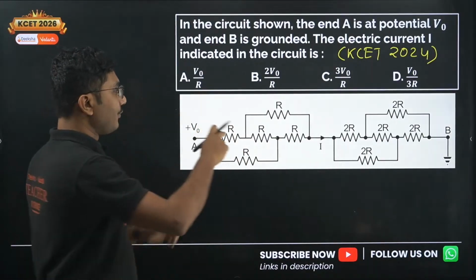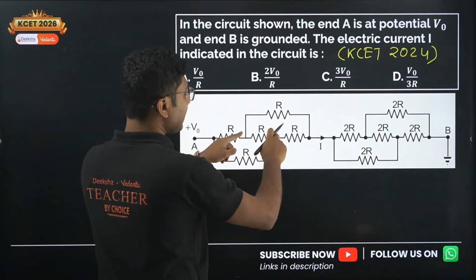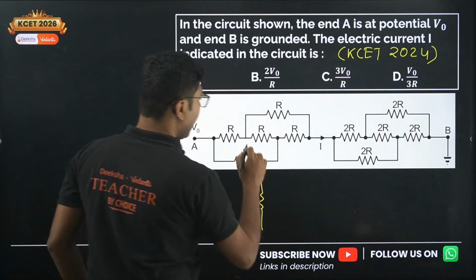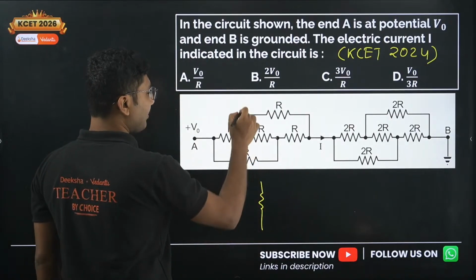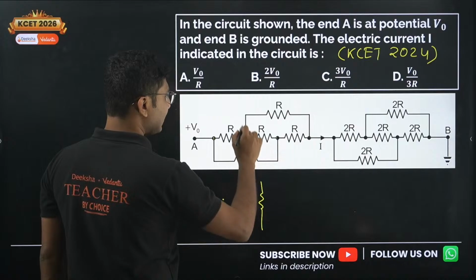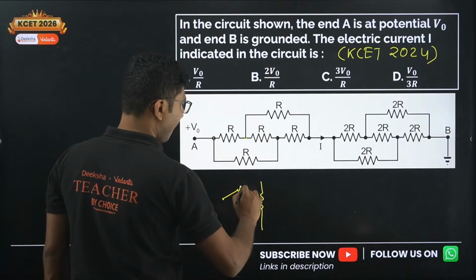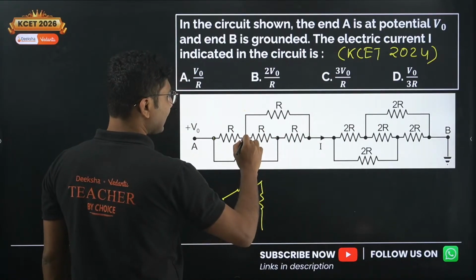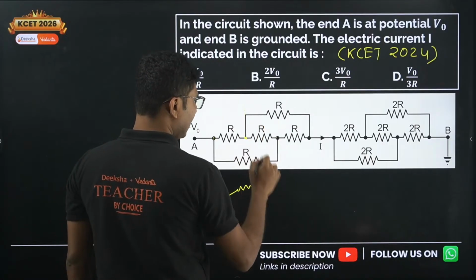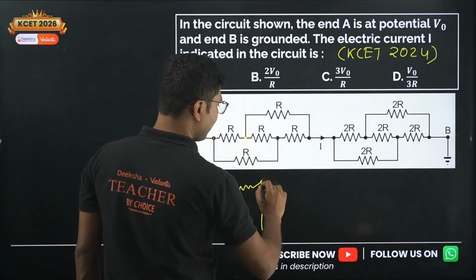This pattern is actually a Wheatstone bridge pattern. Now if you draw this circuit a little differently, such that this resistance is rotated like this, and this point goes up, then this resistance starts here and goes over there. This resistance starts here, this is the common point I have taken up, and this resistance goes somewhere there.